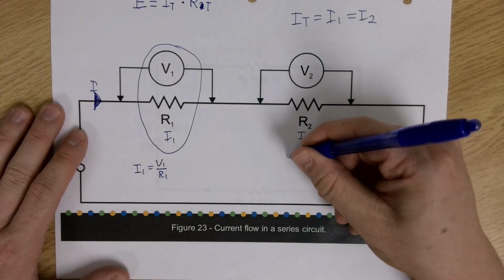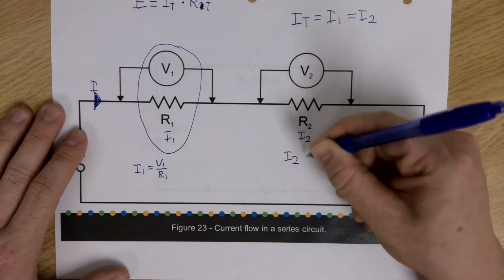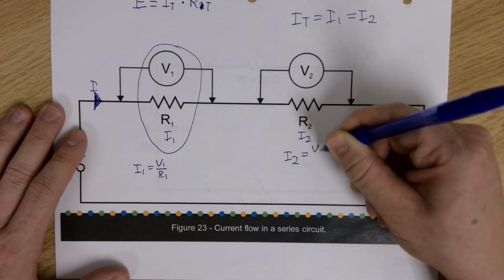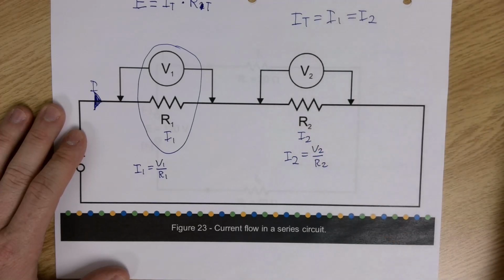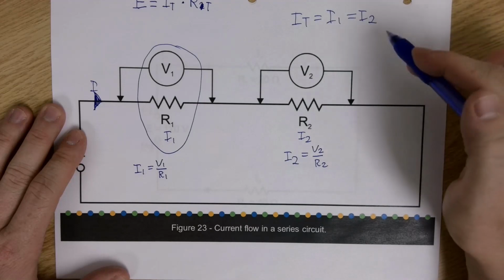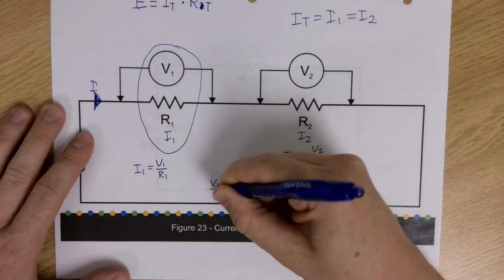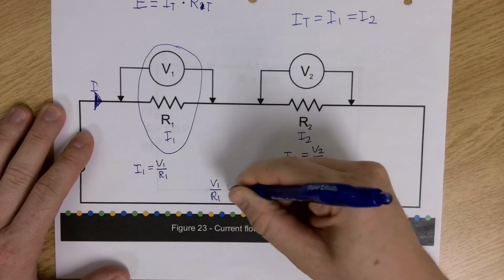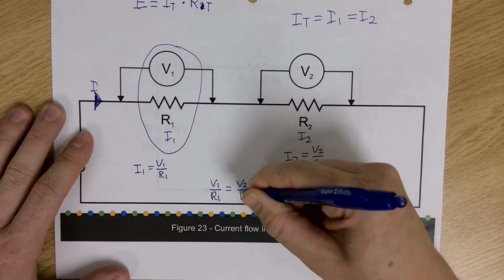So if I1 equals V1 over R1, and I2 equals V2 over R2, and I1 is equal to I2, then we could also say that V1 over R1 is equal to V2 over R2, right?